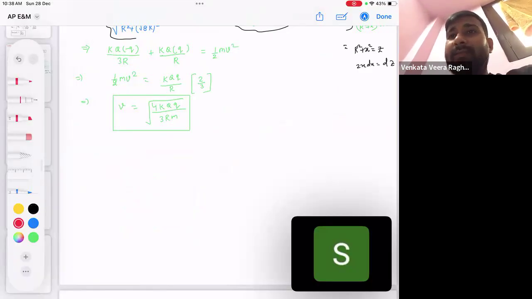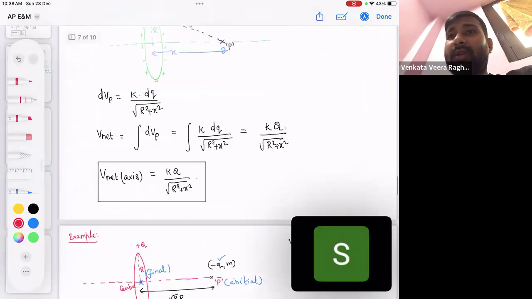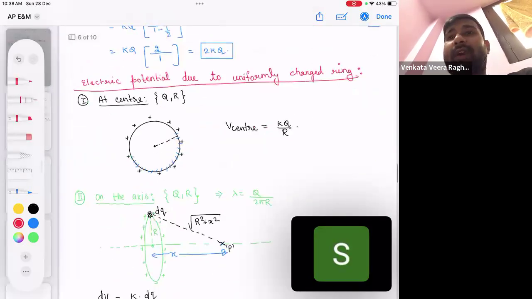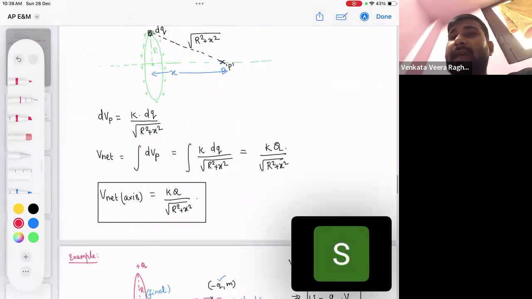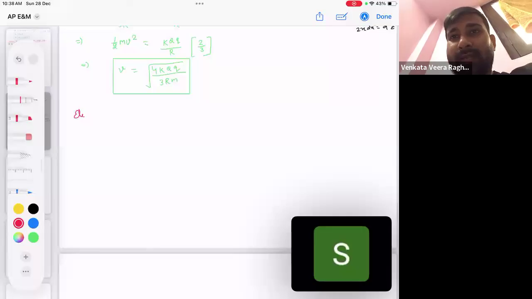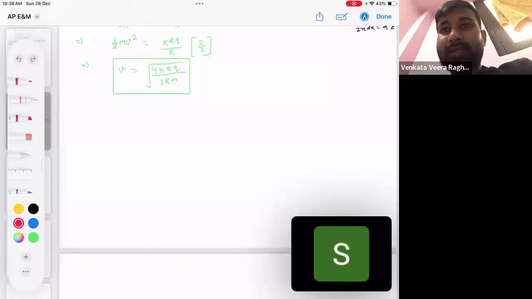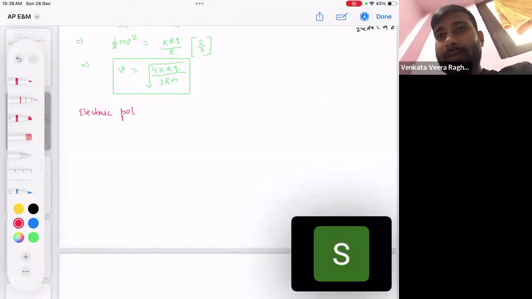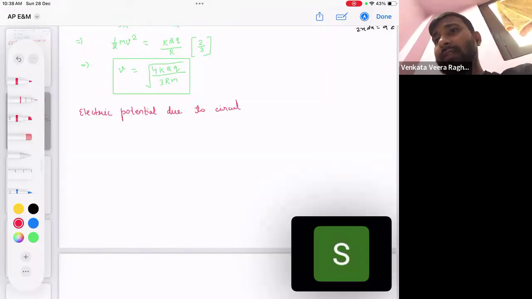So we have calculated potential due to what? A uniformly charged ring, at the center and on the axis. Next is electric potential due to a circular arc.